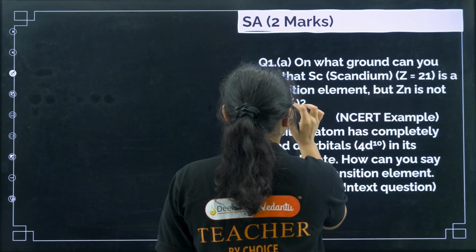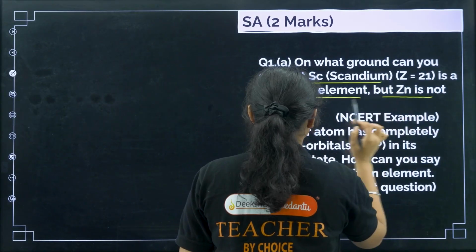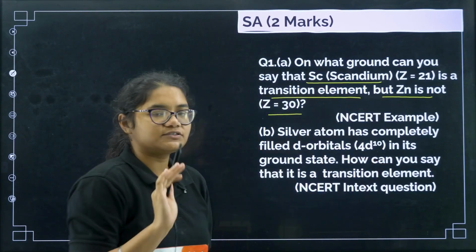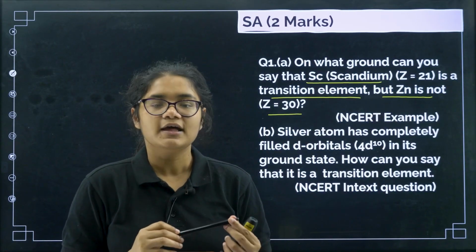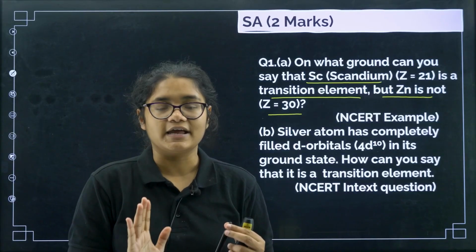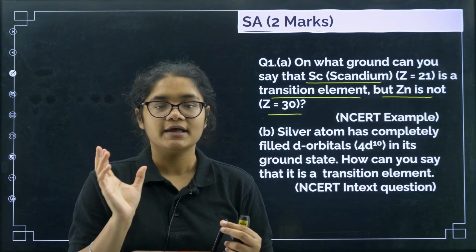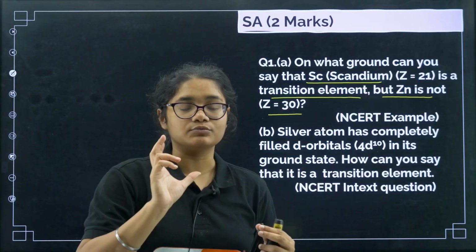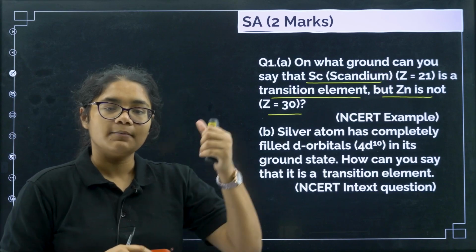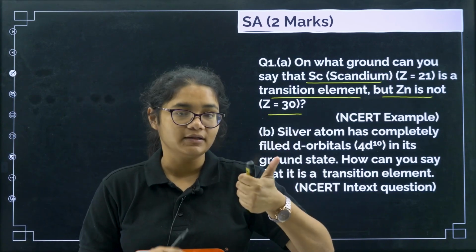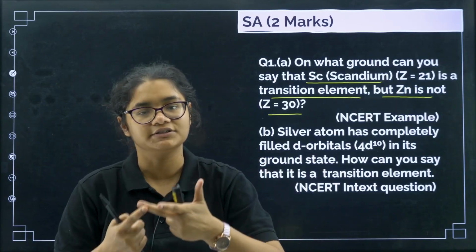On what ground can you say that scandium is a transition element but zinc is not? First of all, let us do a little revision. What is the meaning of a transition element? Transition elements are those elements which have partially filled d orbitals either in their ground state or in the common oxidation state.